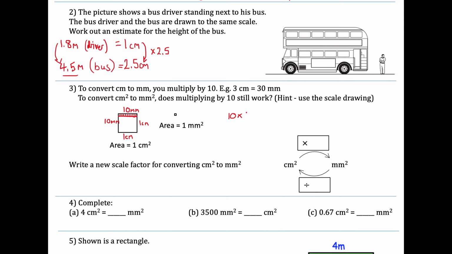We're going to have 100 square millimetres in 1 square centimetre. Okay. So to convert from square centimetres to square millimetres, we're timesing by 100. To do the opposite, we are dividing by 100.